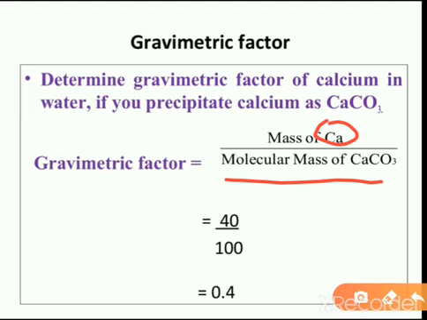The mass of calcium is 40 and the molecular mass of calcium carbonate is 100, so the gravimetric factor is 0.4.